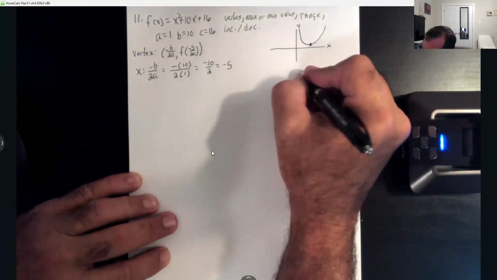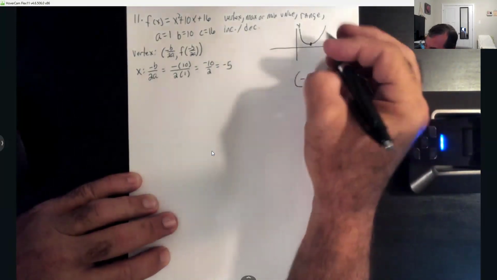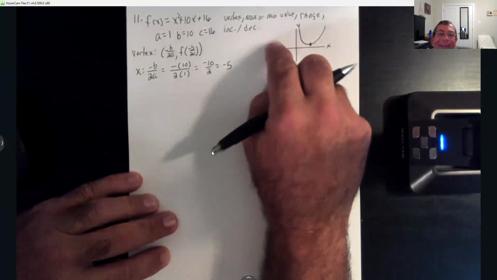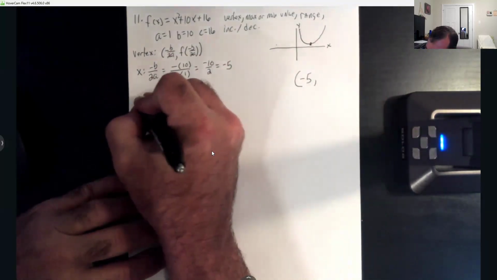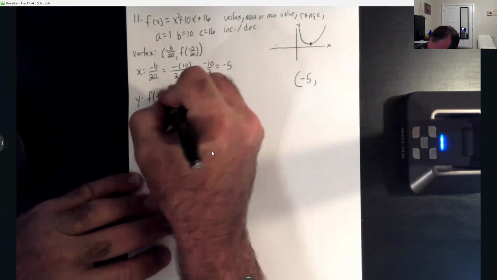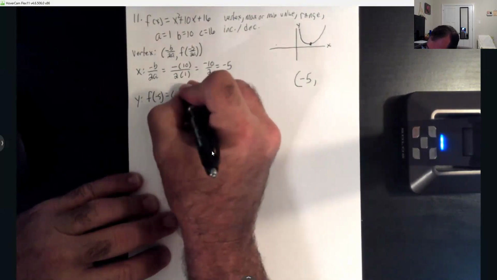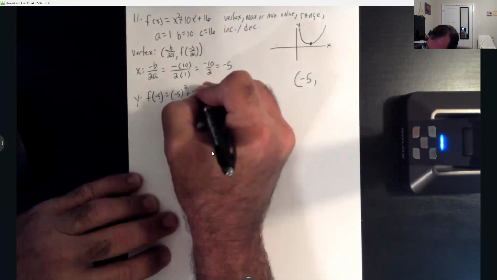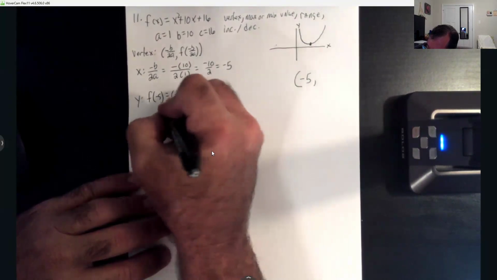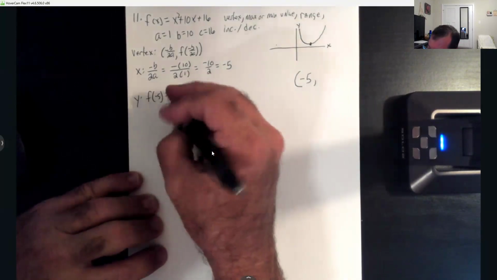So I know the x value of that vertex will be negative 5. Now to get the y value, I find f of negative 5. So put a negative 5 in for the x's, you get negative 5 squared plus 10 times negative 5 plus 16. All right, so negative 5 times negative 5 is 25.